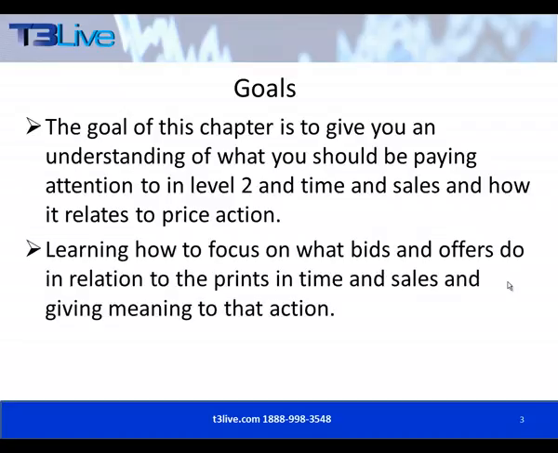All right, what we're also going to focus on is how we look at, or what we should pay attention to in the bids and offers in relation to those trades that are occurring. We're going to give meaning to what happens in level 2. So level 2 are advertisements, time and sales are the trades. We're going to combine what's happening between those to come up with the probability of what should happen next.